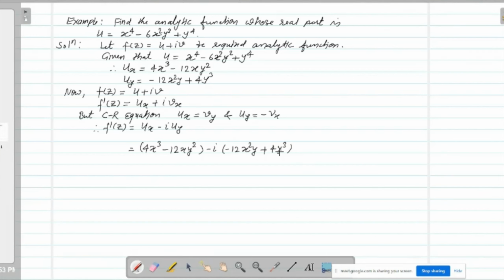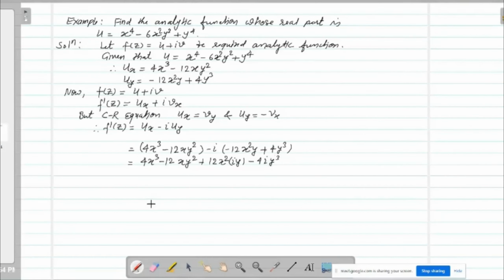Now just multiply this inside. So this becomes 4x cube minus 12 x y square, and minus minus goes plus here, so we write 12 x square i times y, and minus 4 i y cube.